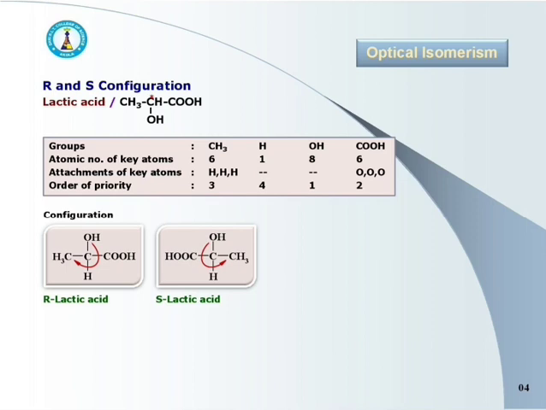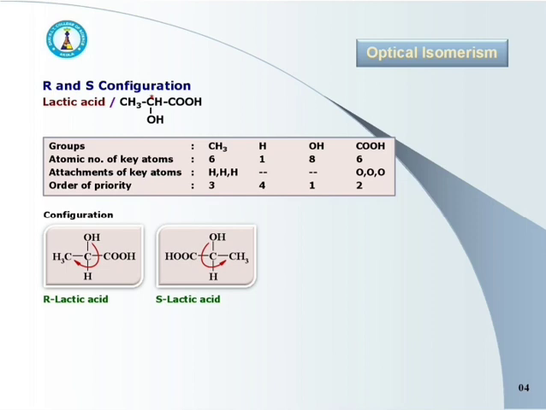As the key atom is the same for both groups, we have to see their attachments. The attachments of group CH3 are H, H, H with atomic numbers 1, 1, 1, and of group COOH are O, O, O with atomic numbers 8, 8, 8.